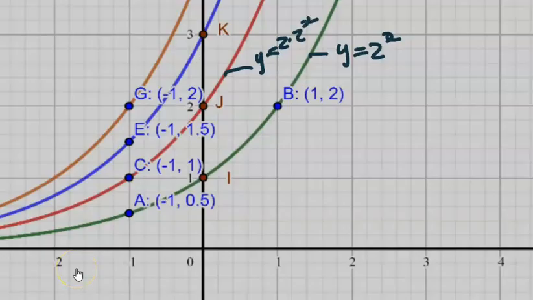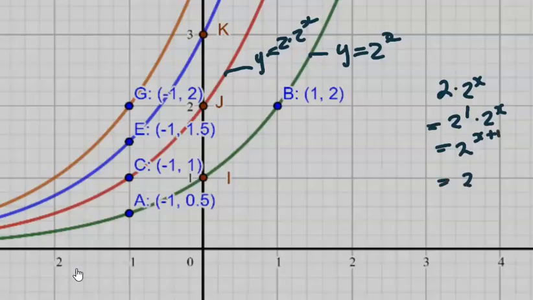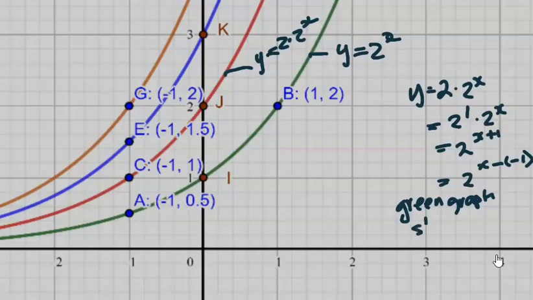We can also write that 2 times 2 to the x as 2 to the 1 times 2 to the x, so that will be 2 to the x plus 1, in which case it will be the green graph shifted 1 unit to the left. Green graph shifted 1 unit left.